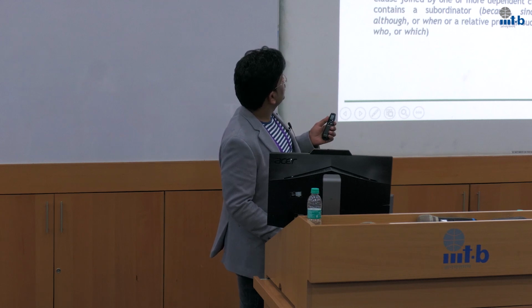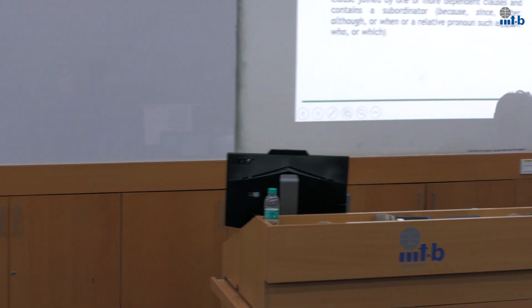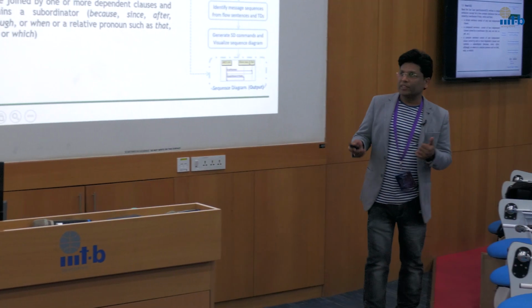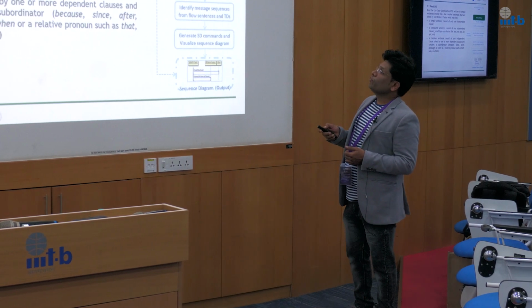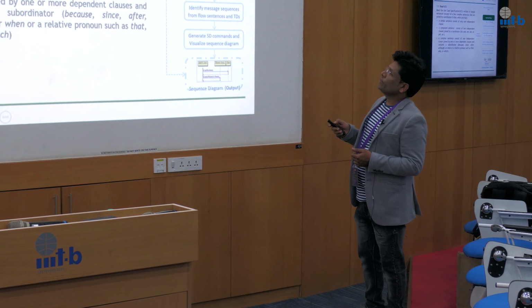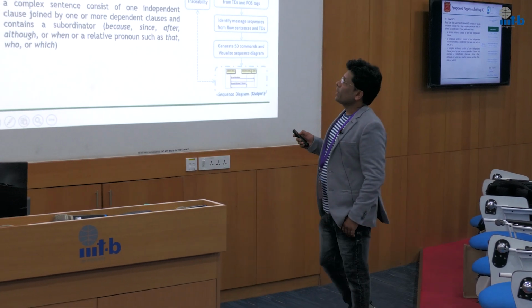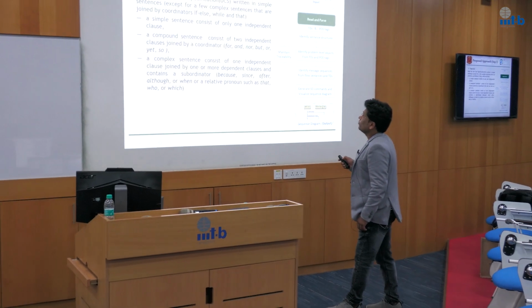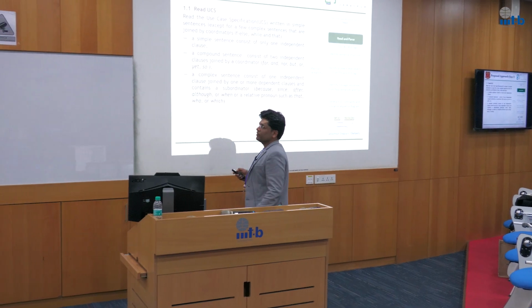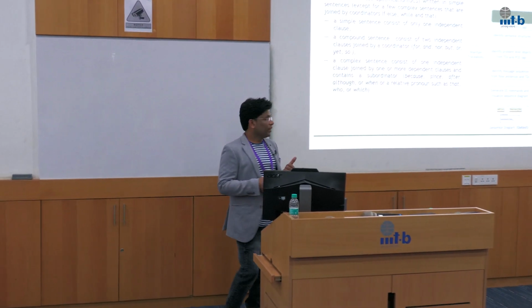In our paper, the use case specifications should be written using simple sentences, except for a few complex sentences that are joined by coordinators, if, else, while and that. A simple sentence consists of only one independent clause, whereas we have different kinds of sentences: compound sentences and complex sentences.